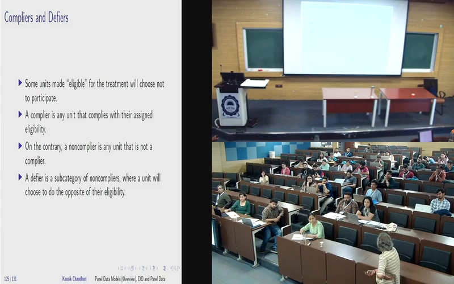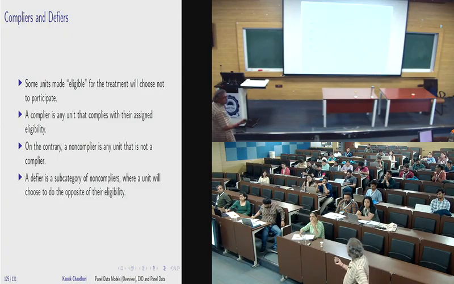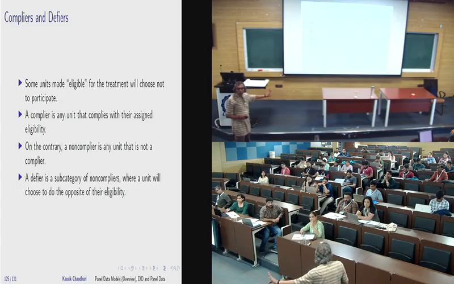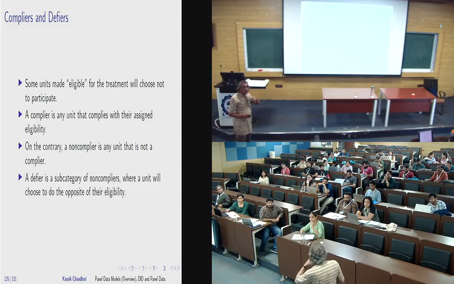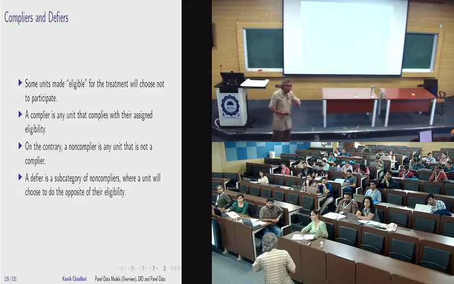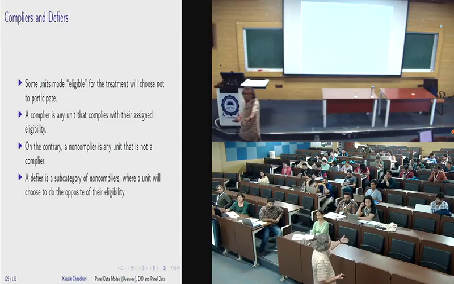I am eligible, I would participate. Clear? A non-complier is someone who is not eligible to participate. But a defier is a small group of people in the non-complier group. You would observe them as they did not participate in the program. But they differ from the non-complier because they are eligible. Their voluntary decision is not to participate in the program.